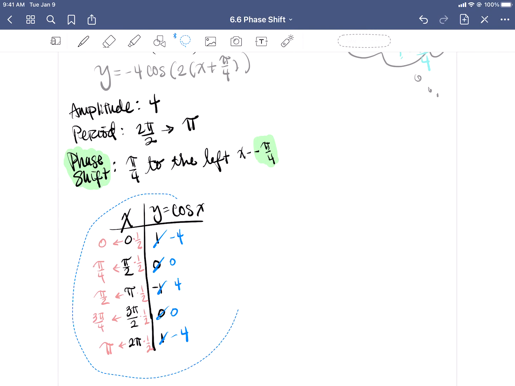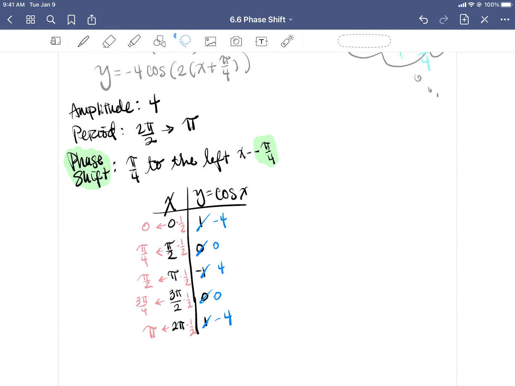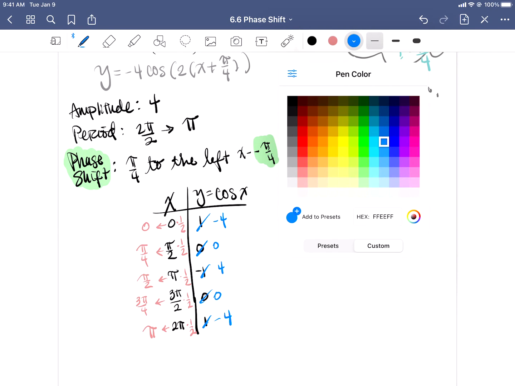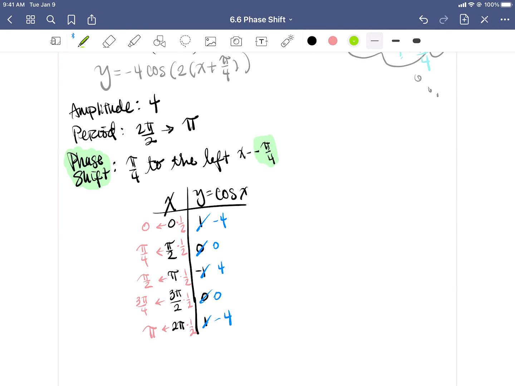I'm gonna move my table over because I think I might run out of room. So let's see, adding negative pi over 4. I'm going to give myself some more room. I'm going to subtract pi over 4 from all of these.